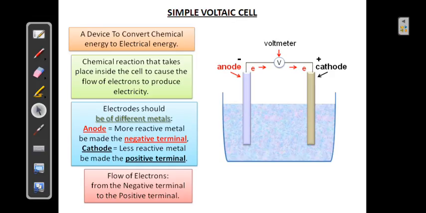It is the opposite. The anode is a positive charge electrode, whereas the cathode is the negative charge electrode. Now, in the Voltaic cell, it is the other way around. The anode will be the negative charge electrode, whereas the cathode will be the positive charge electrode.